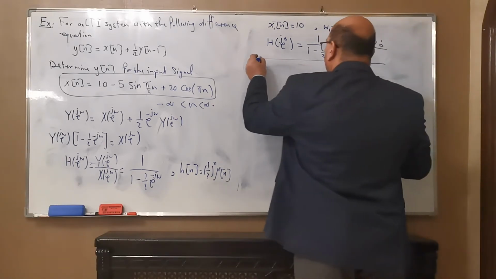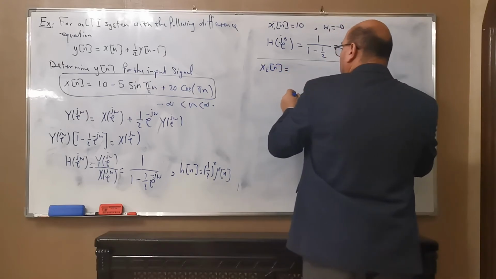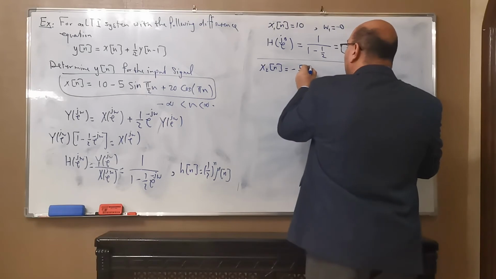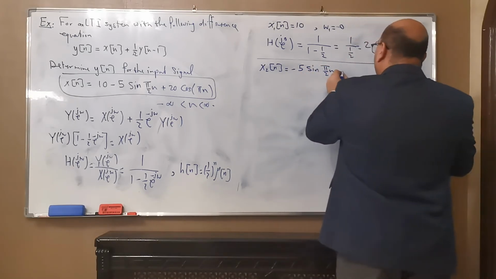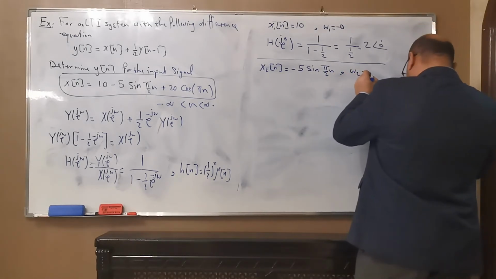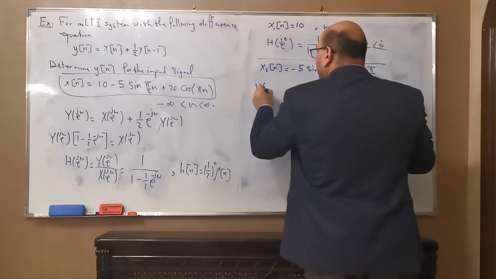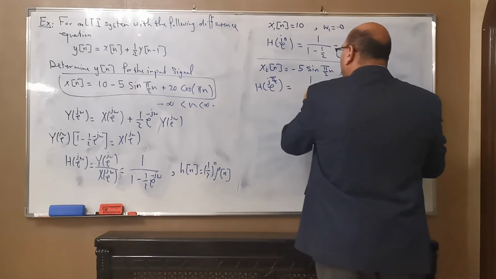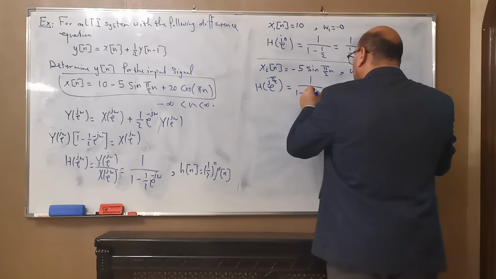Now, the second part is x2[n], which equals −5 sin(π/2 n). In this case, omega 2 is equal to π/2, and the transfer function at this frequency is equal to 1 over (1 − 1/2 e^−jπ/2).